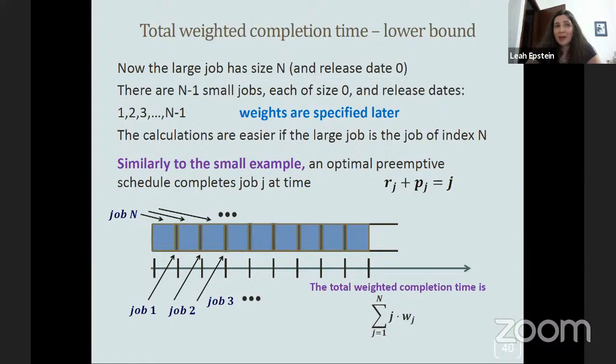You just stop the large job for a second, run the tiny job and continue. And everything is completed at the minimum time and everyone is so happy. You can calculate the total completion time, or if you want weights, you can see in the bottom the total weighted completion time. In this case, every job completes exactly at the time that is its index. And in the bottom, I also multiply it by the weights, which I still don't know what they are.